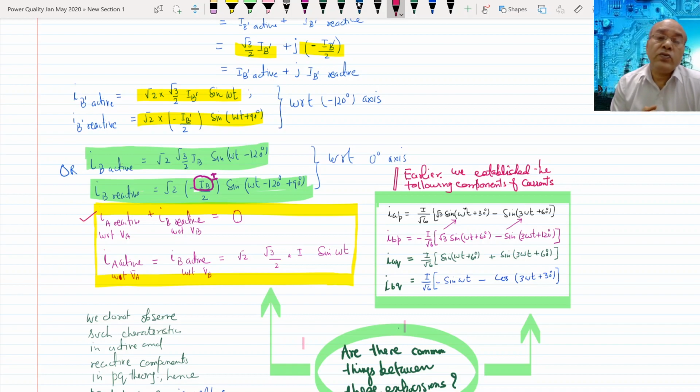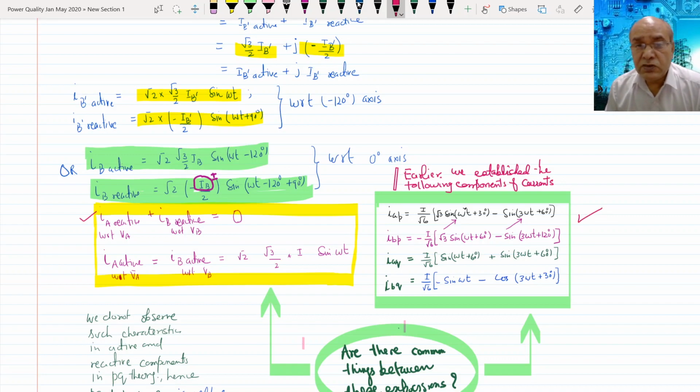Now we come to a very important point. What is the relationship between this standard resolution of active and reactive components and the active and reactive components resolved based on instantaneous reactive power theory, these ones?